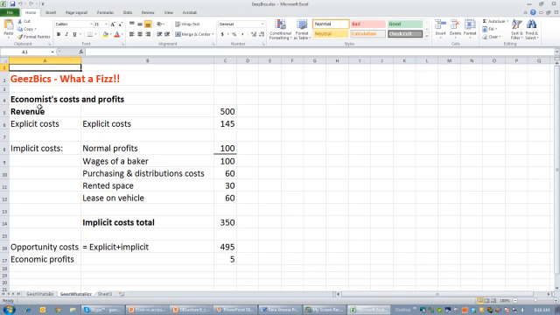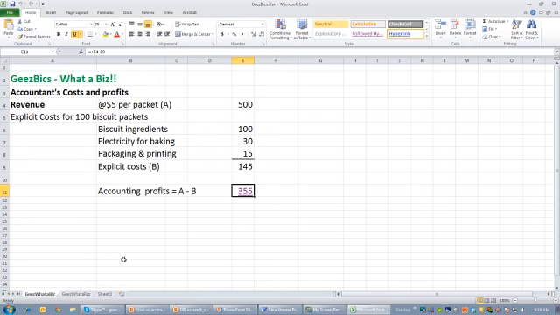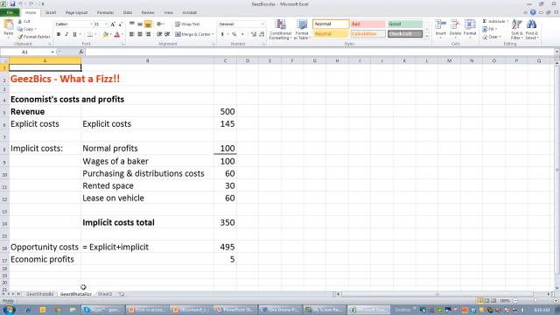Okay, now what about the economist's view of these costs and profits? The picture isn't quite as rosy. Same revenue, explicit costs the same as before, adding up the flour, etc. Exactly the same. But where there's a difference is in implicit costs.